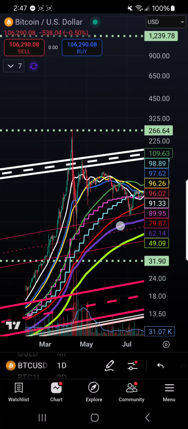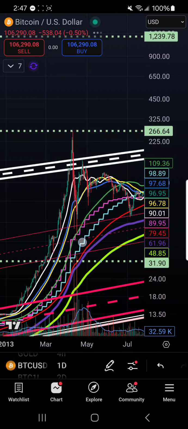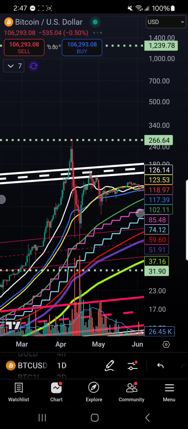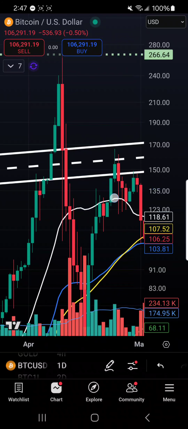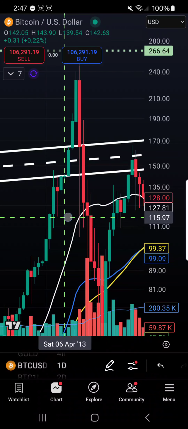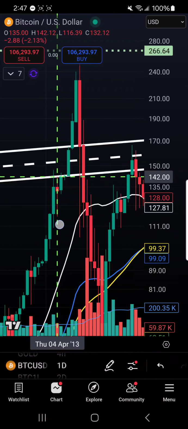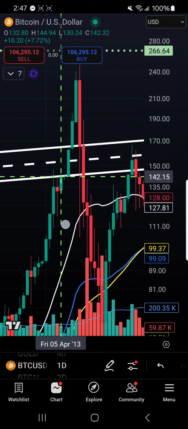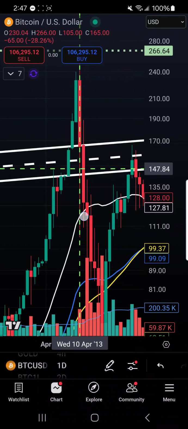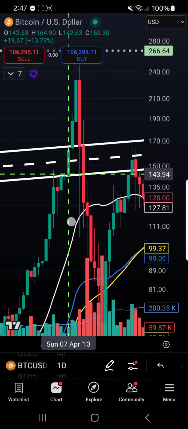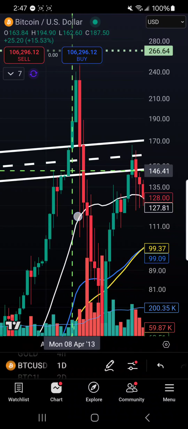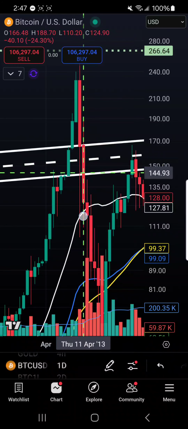And even here in the very beginning, it's kind of where we rallied up to. Let's see the interaction here. Yeah, you can see we stopped here, we wicked up to it here, we closed there, and then there's another little candle in between, and then we closed that candle there, so we started this candle here. And where did it go?